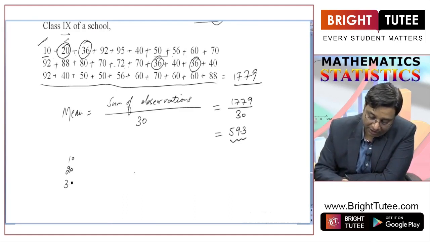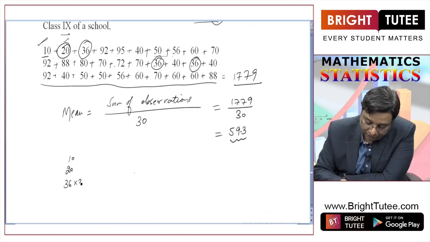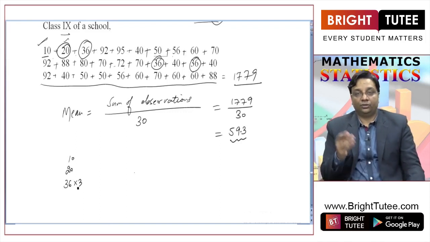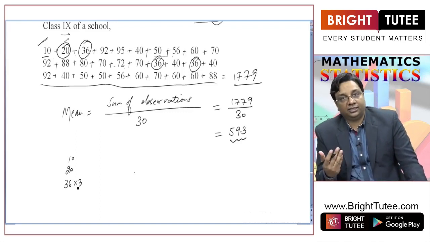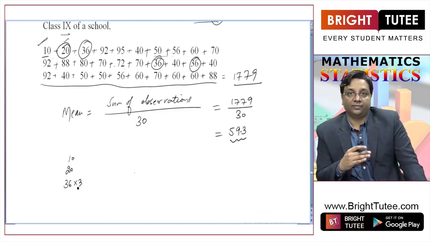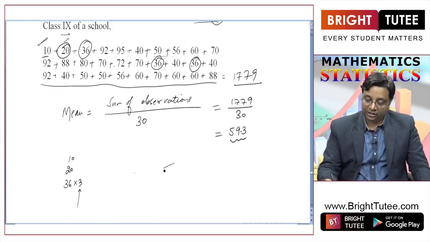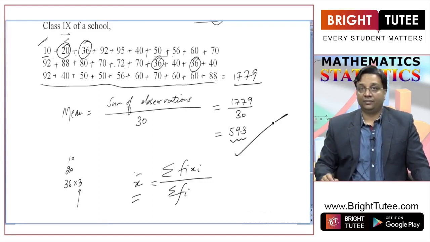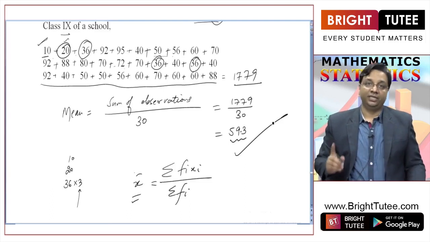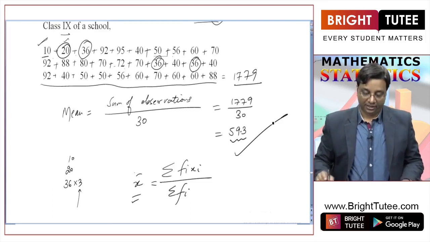So what you can do is you can do 36 into 3 or 36 plus 36 plus 36, otherwise 36 into 3, both are same. So this is the way to calculate it through frequencies and using this formula Fi Xi by sigma Fi, right? So this will also give you the same average score or same mean 59.3, right?